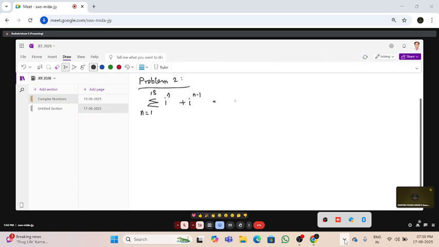We can split it into two problems: sigma 1 to 13 of i^n plus sigma 1 to 13 of i^(n-1). In the first, there are 13 terms to be added.